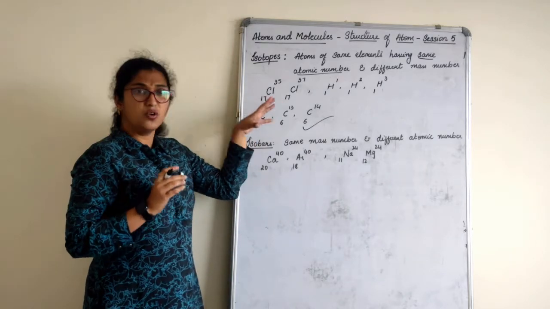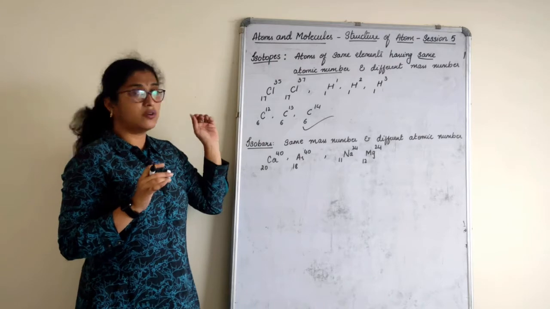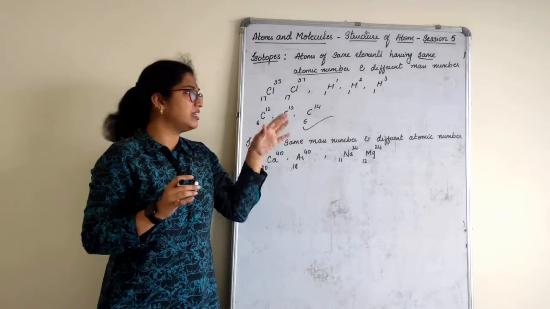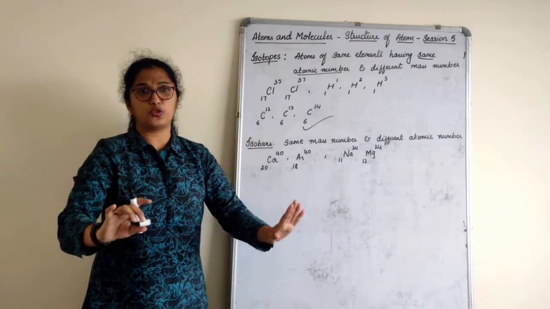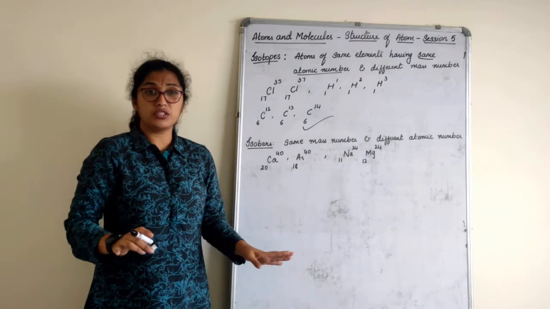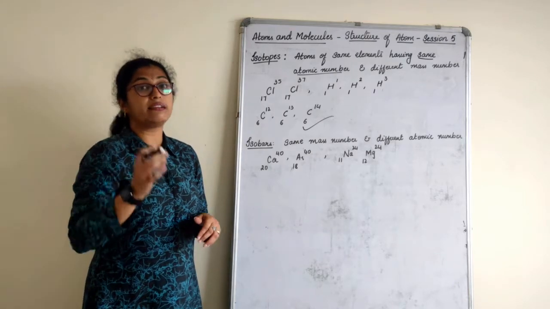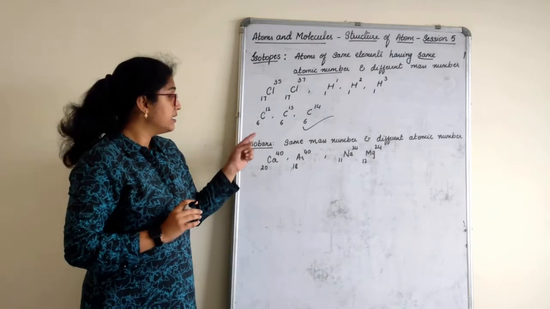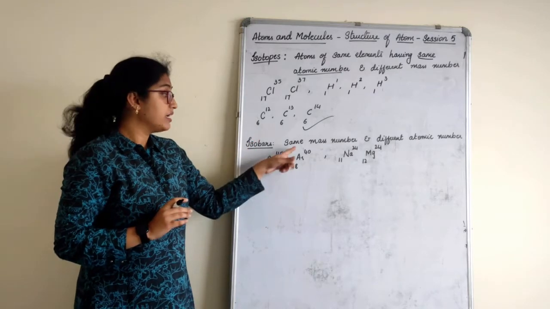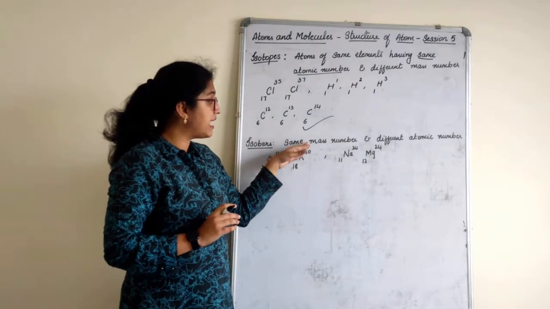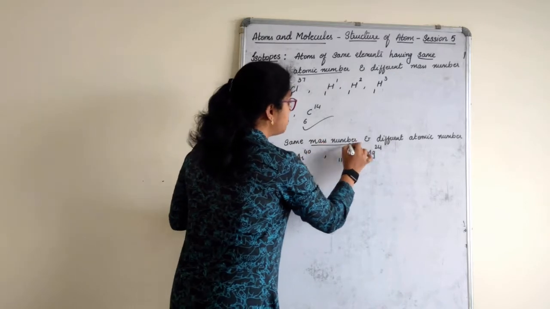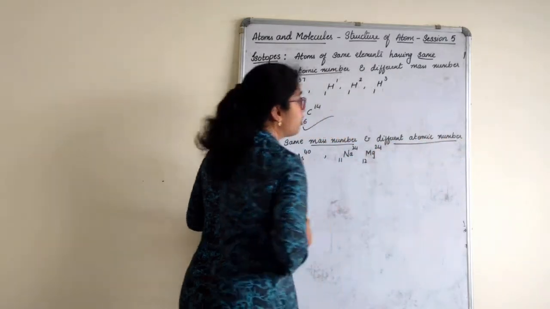So what you have to know here is the definition of an isotope and give some examples of isotopes. That's all. Where they are used, you need not study now. Later in higher classes, you will study that. Then we have isobars. Same thing. Atoms of different elements having the same mass number but different atomic number.